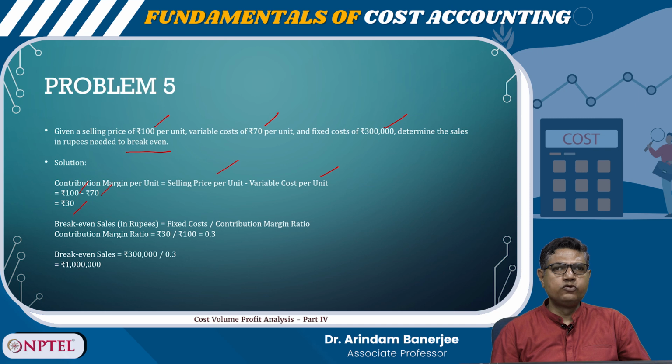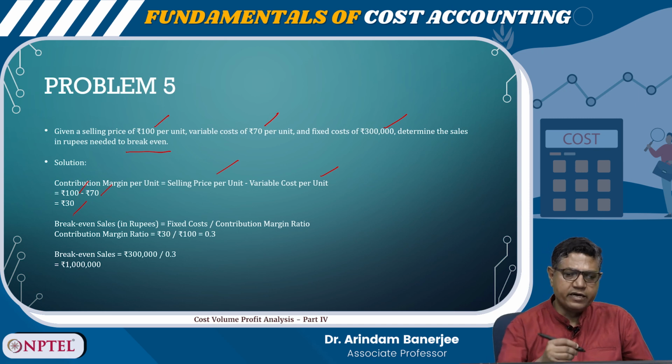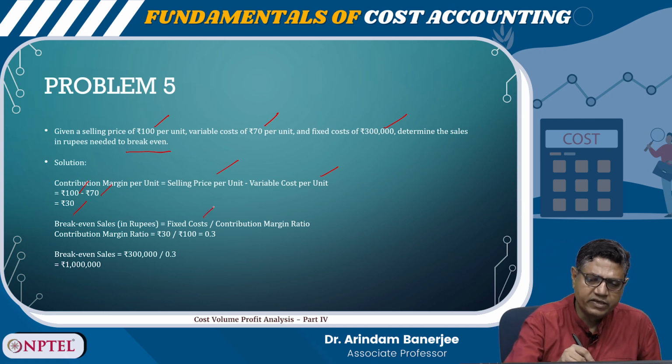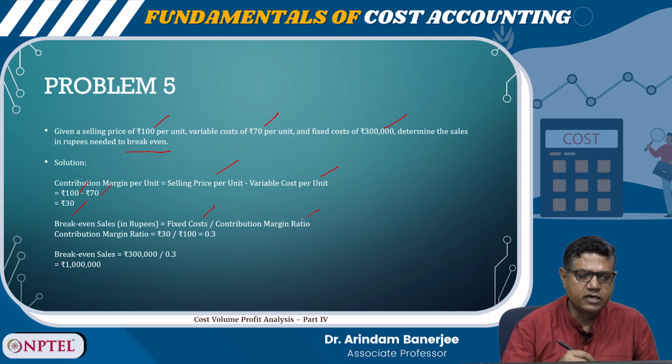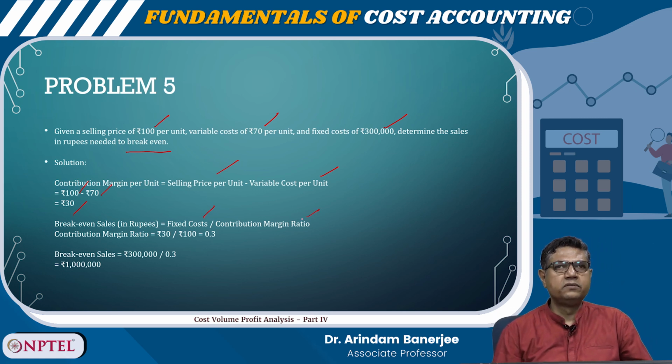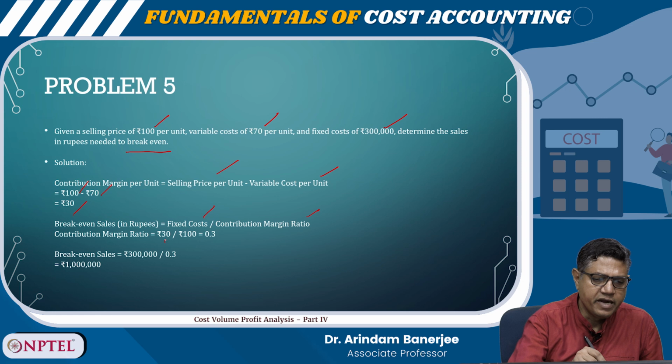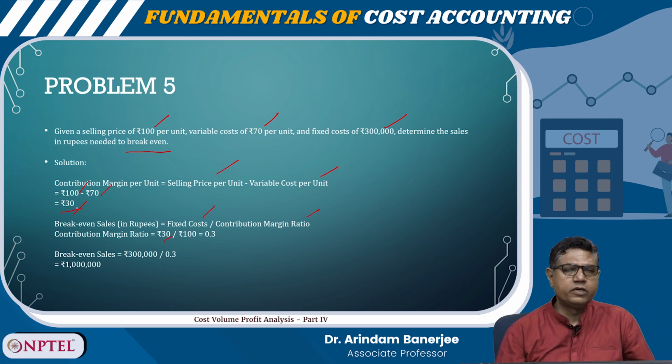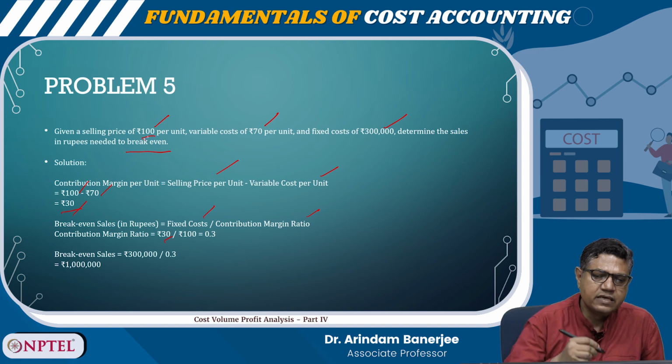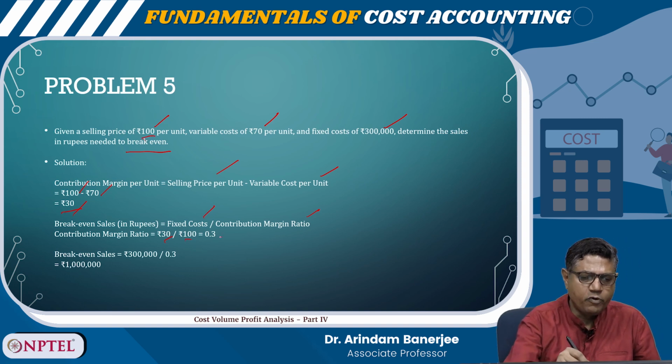To calculate the break even sales, I can divide the fixed cost by the contribution margin ratio. So, contribution margin ratio is 30 by 100, because here we calculated that the contribution margin per unit is 30 and the selling price is given as 100. So, 30 by 100 is 0.3.